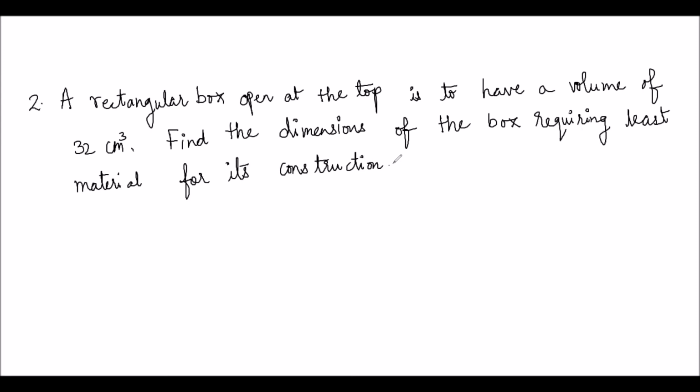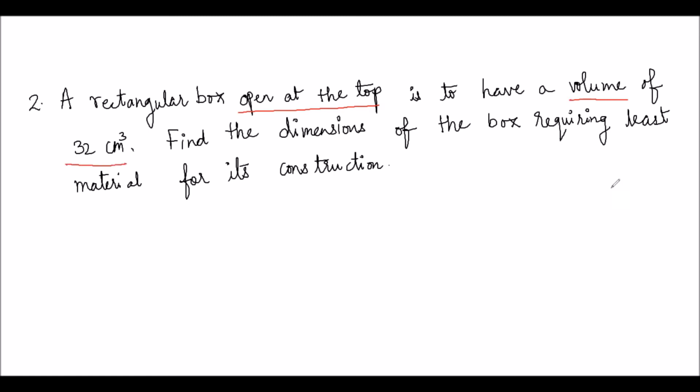So this is our question. We have a rectangular box, means we have a box which is in the shape of a cuboid, and we have a condition here that it is open at the top. We have base, but it is open at the top, it is not closed. And its volume is given, and its volume is 32 centimeter cube.